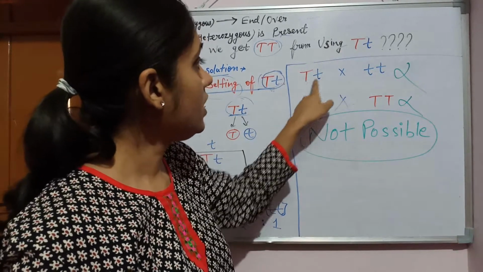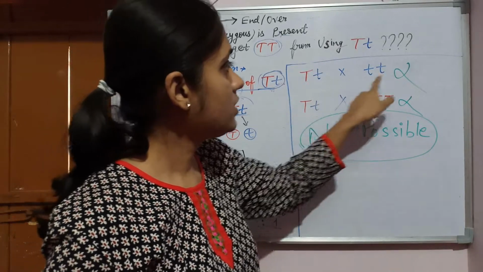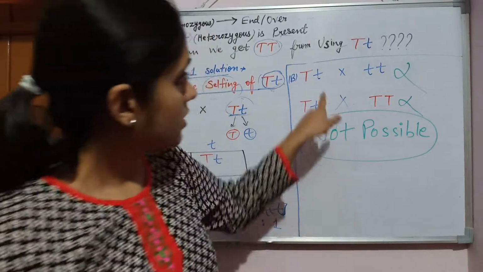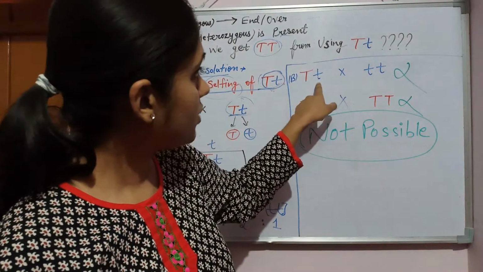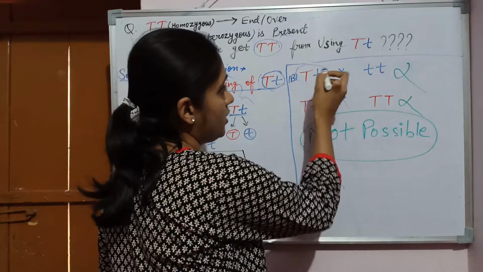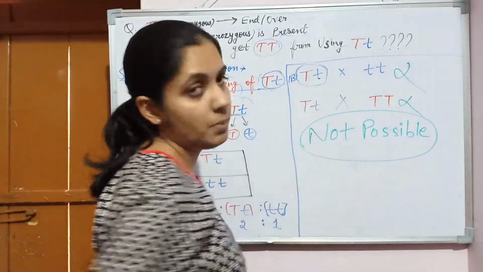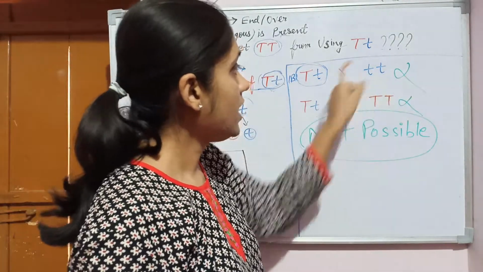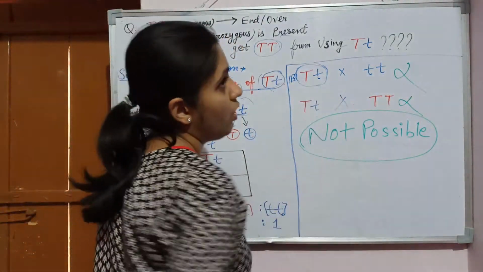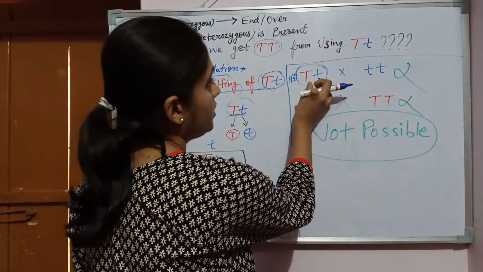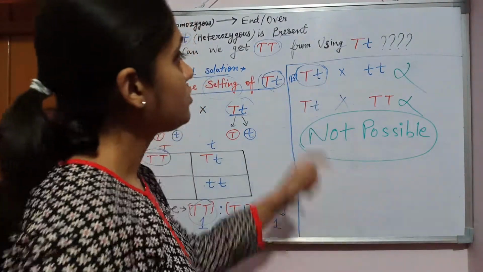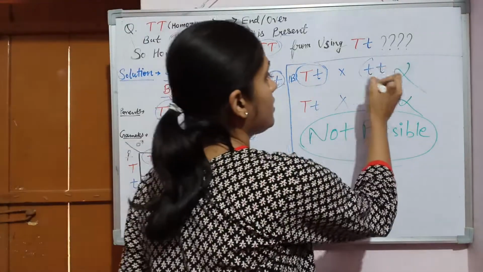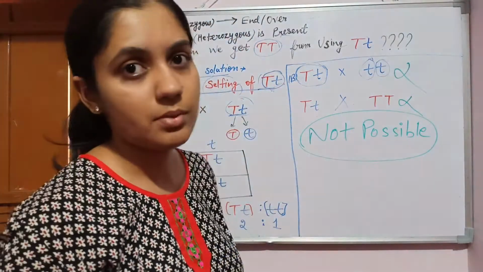So if we talk about the other method, you can see this is the heterozygous tall plant, and if we cross it with this, then you know the law of segregation. So the gametes separate from each other. So in any progeny, this dwarfness allele must come.